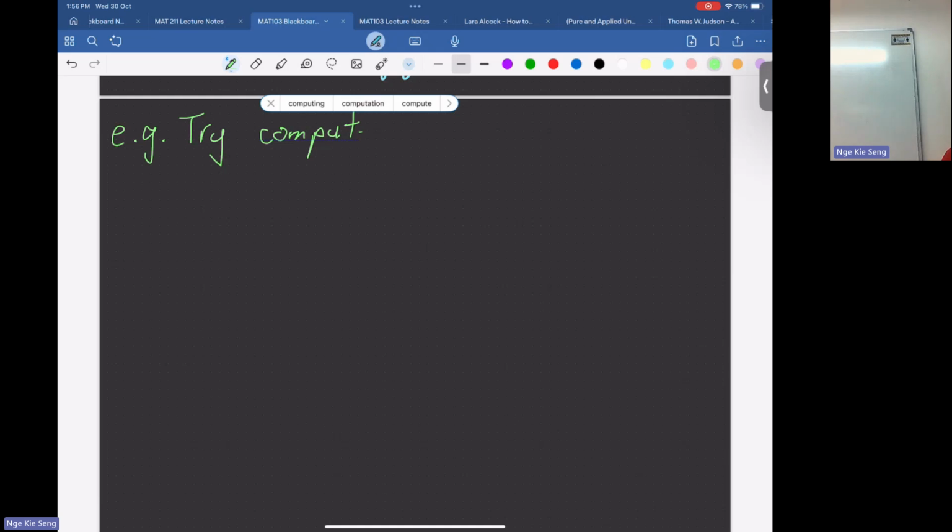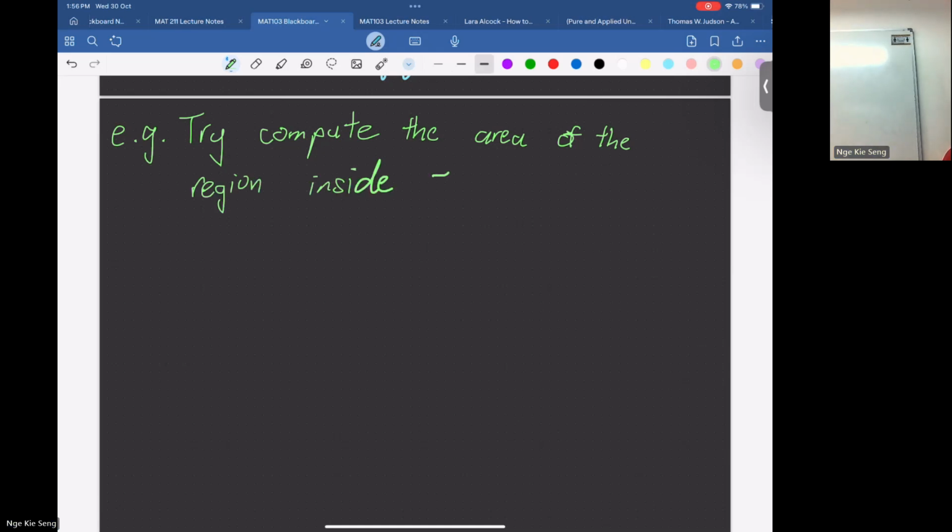Try and compute the area of the region inside the limaçon. So what limaçon is this? A very simple limaçon here, r equals to 2 plus cos theta.